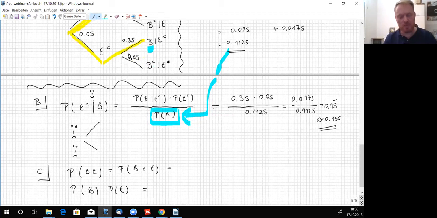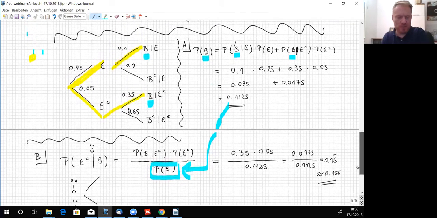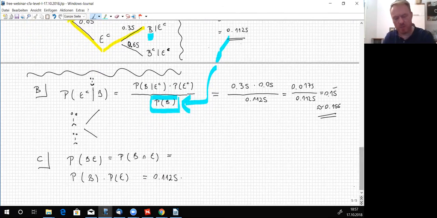The probability of B is given by 0.1125, which we computed in answer A. Now the probability of E is 0.95, as we can see up here, which is 0.1125 times 0.95, which is 0.106875, right? Yes, that is that.